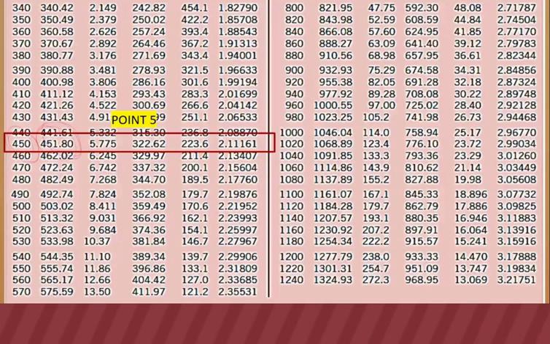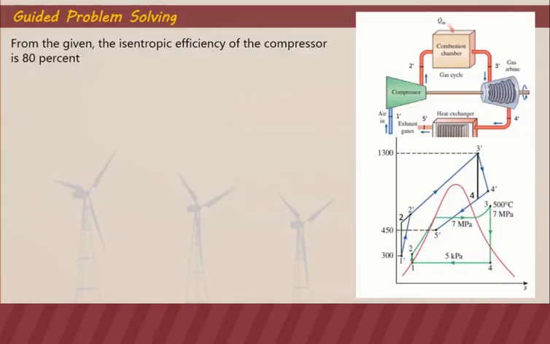Now that we have those enthalpies, we can get the actual enthalpy, because we have an actual process here. There are isentropic efficiencies given. The isentropic efficiency of the compressor is 80%, meaning it's not a perfect process. That's why we need to get the actual value.